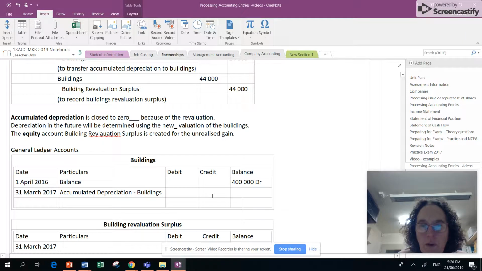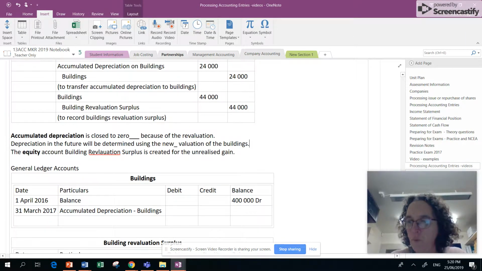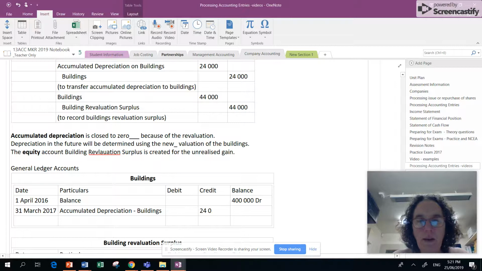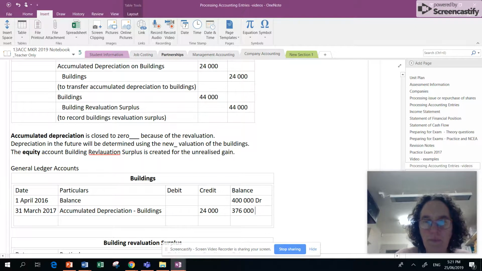It's going to be a credit in our buildings account of the $24,000, reducing the buildings account to the carrying amount of $376,000, still in debit.